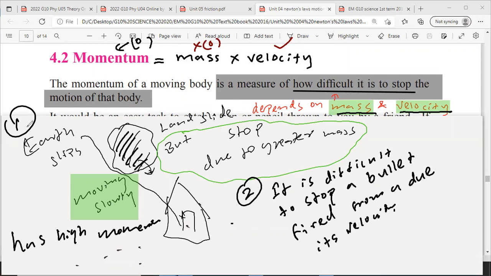U is initial velocity, v is final velocity, and m is the mass of the object.